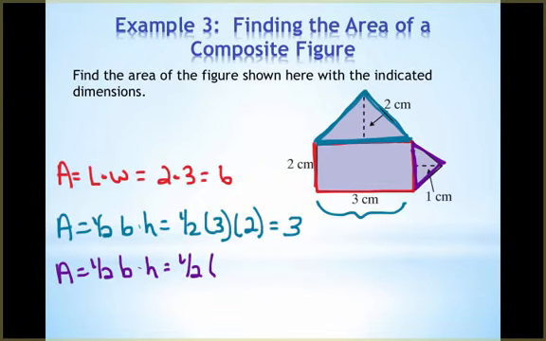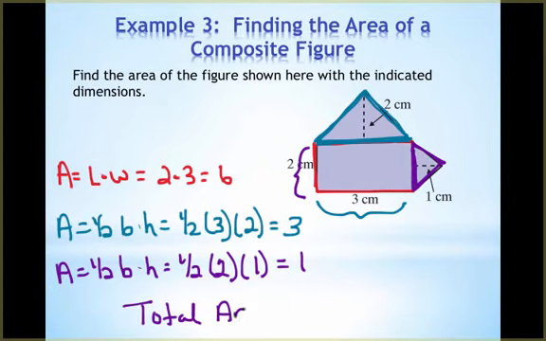And our base is this distance, which corresponds to this distance of 2 on my rectangle. And my height is 1, so that's going to give me 1. Now, once I know all three of the areas, to get the total area, all I'm going to need to do is just add those together. So that's going to give me 10, and we were measuring in centimeters, so it will be square centimeters.